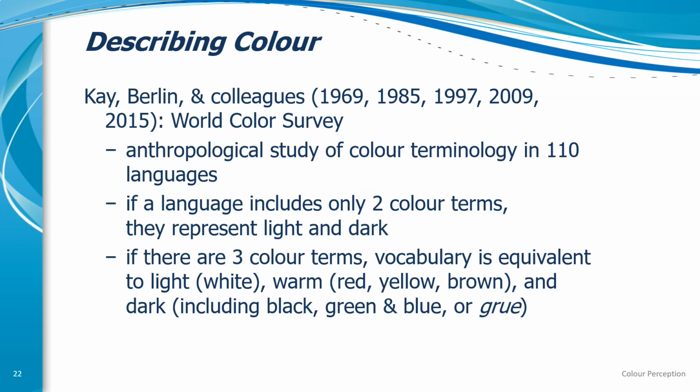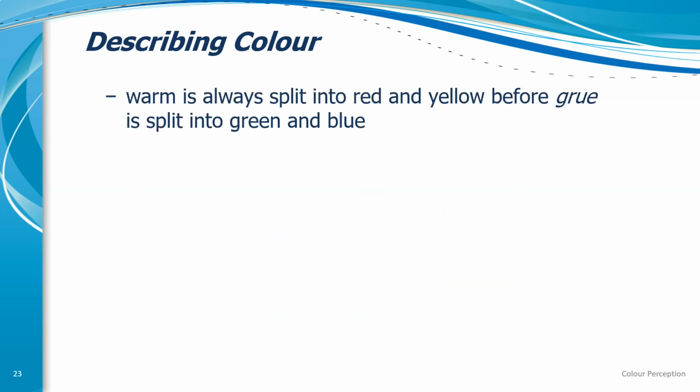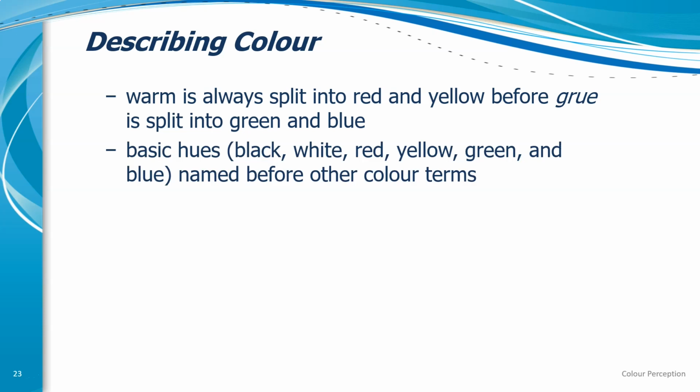Again, some languages have more than three color terms, and again, there's this universal pattern that happens over and over and over. The warm part is always split into red and yellow before GRU gets split into the specific names for green and blue. Again, it's a regular pattern that happens every time. It's been found that the so-called basic hues of black, white, red, yellow, green, and blue are named before any other color terms.